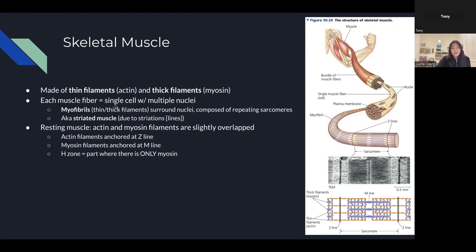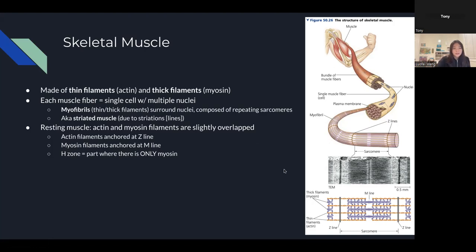Each muscle fiber is a single cell with multiple nuclei. Myofibrils, which are arrangements of thin and thick filaments, surround the nuclei and are composed of repeating sarcomeres, which are basically the line patterns. Because of this, it's also called striated muscle, because of the striation lines.